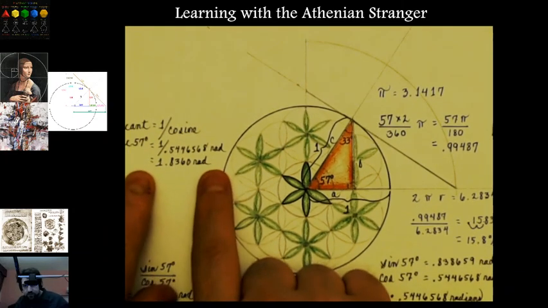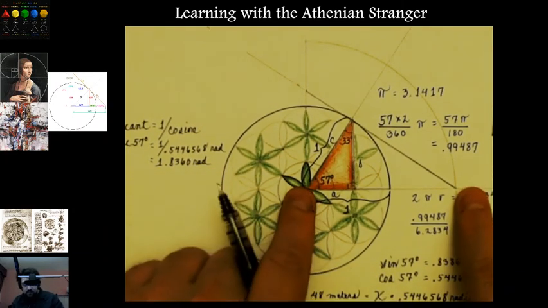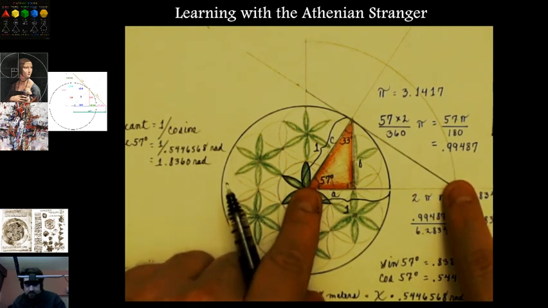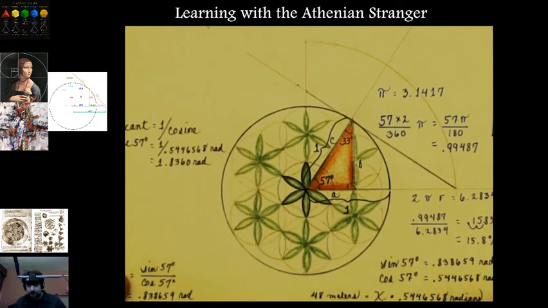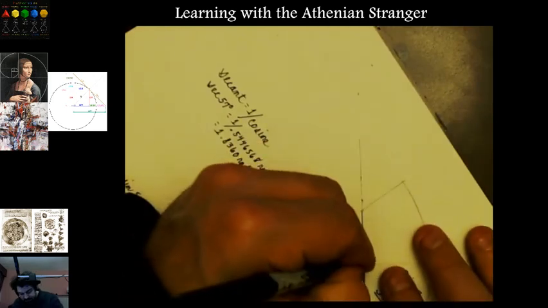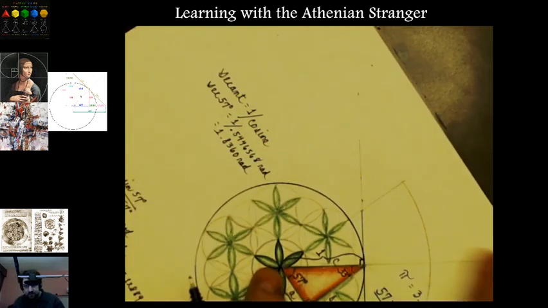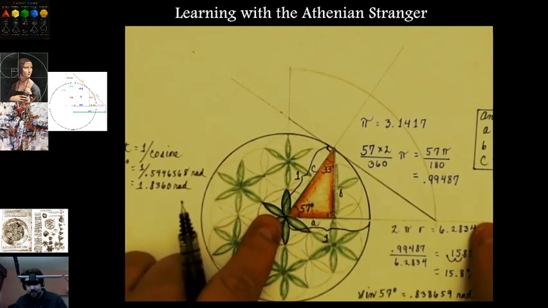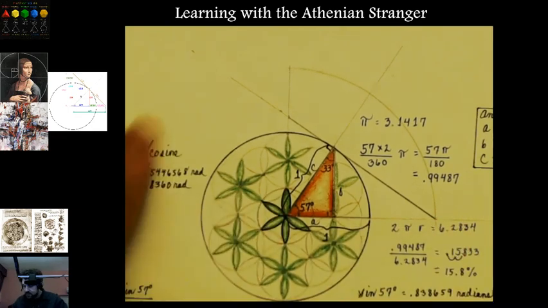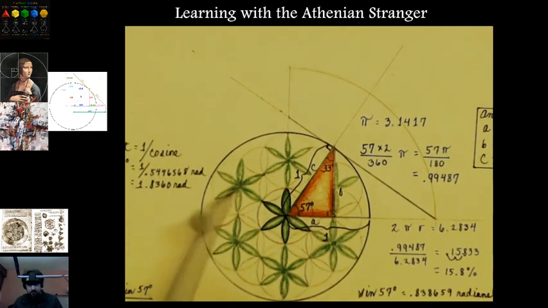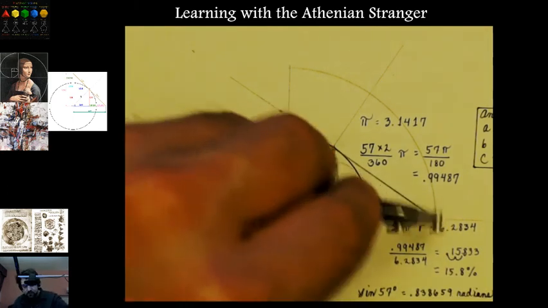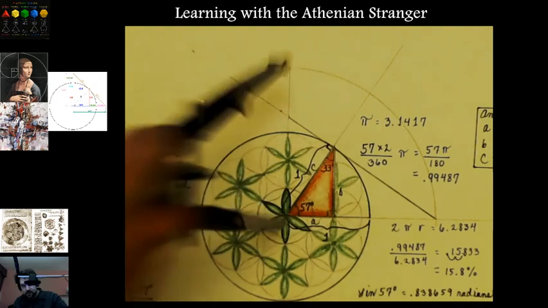So for a unit circle of radius length 1, the distance from my finger here to this point right here is 1.8360 radians. And all we really needed to find that was to make a right angle right there, find our tangent line, extend out this line, and where that hit, we took the compass and made a new circle like that. Okay?